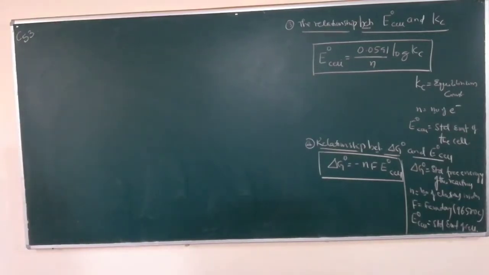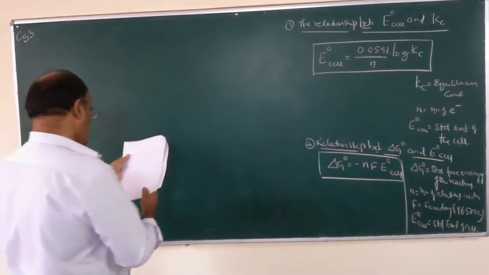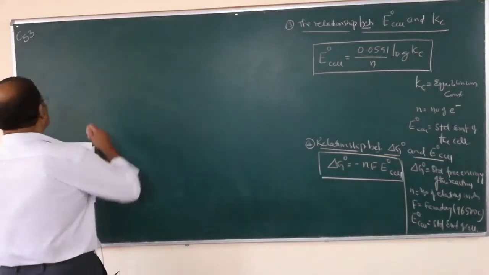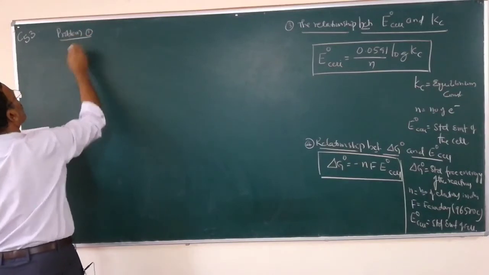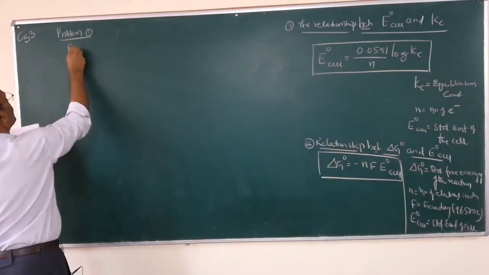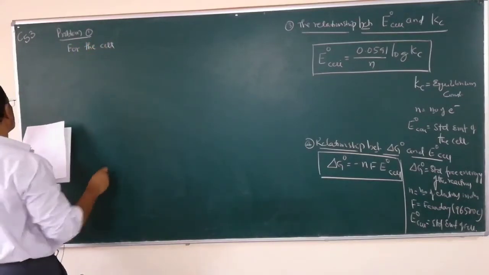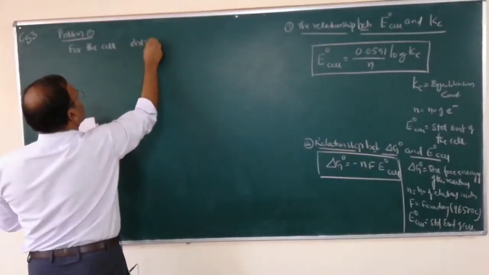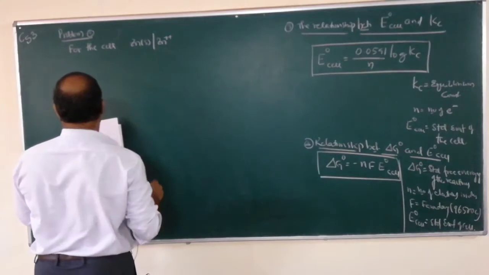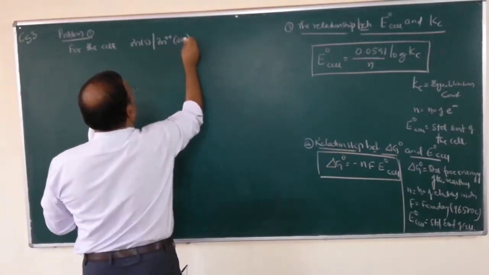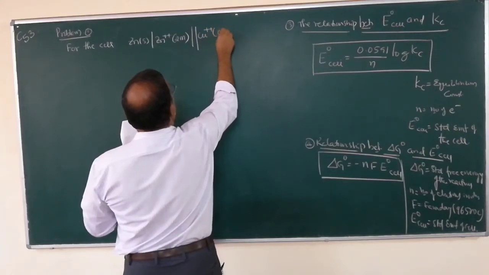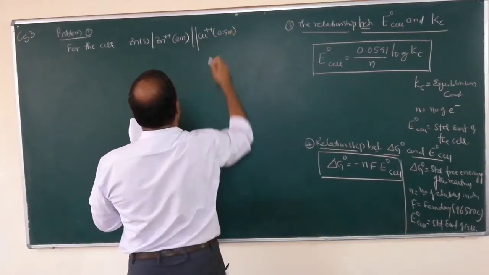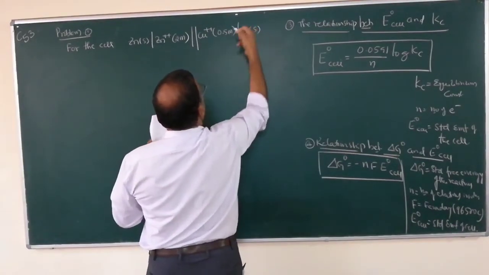So coming to problem number 1. For the cell Zn | Zn2+ of 2 molar concentration || Cu2+ of 0.5 molar concentration | Cu.